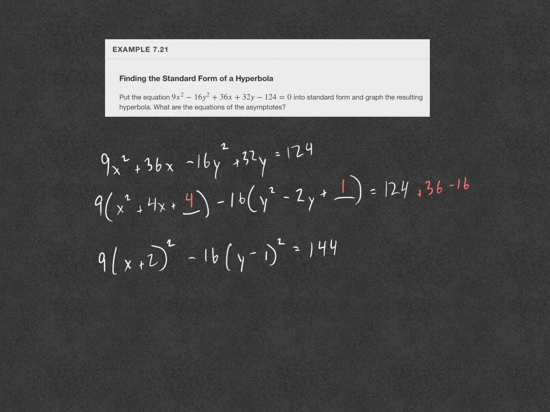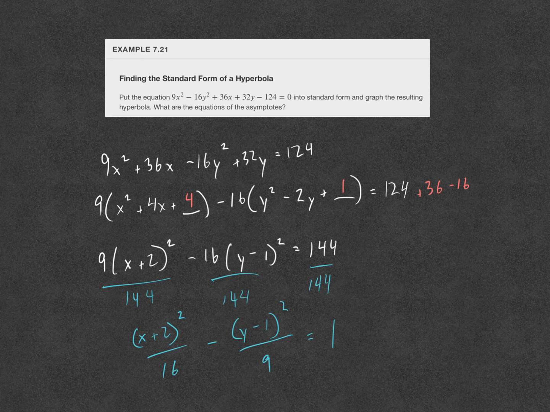Our next step, we're going to divide both sides of the equation by 9 times 16, which happens to be 144. Divide everything by 144. We're left with the x plus 2 quantity squared over 16 minus the y minus 1 quantity squared over 9 equals 1.